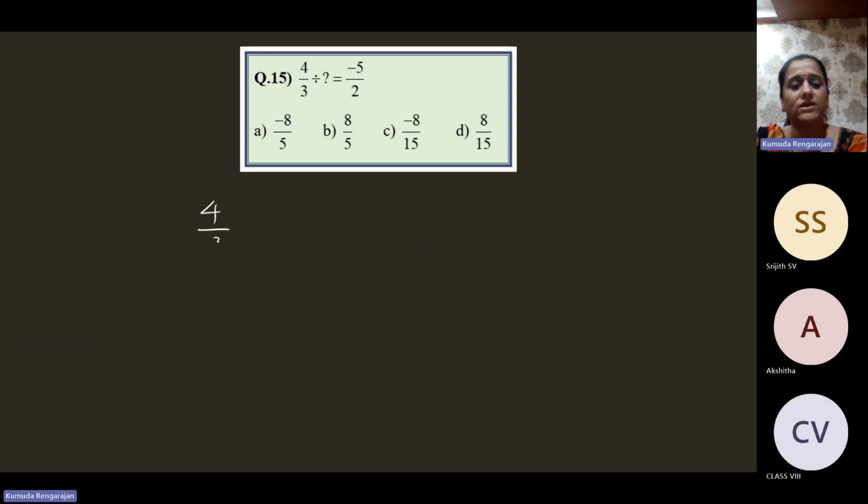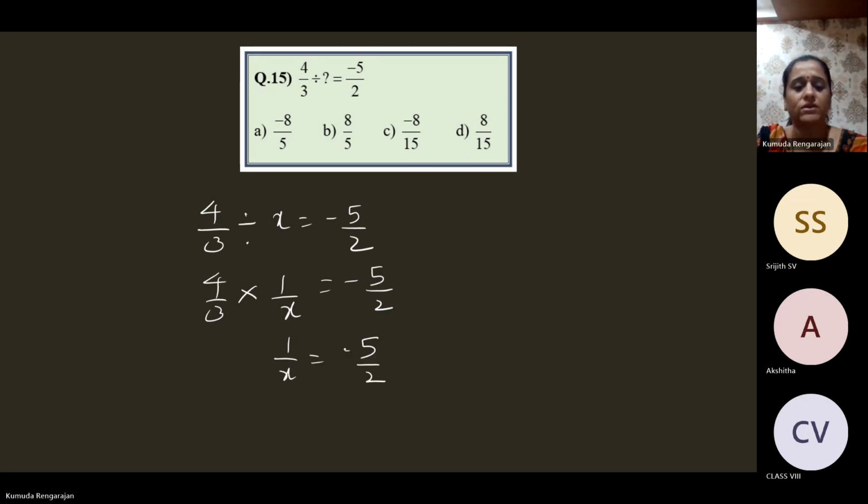4 by 3, we just did some time back. Divided by x is equal to minus 5 by 2. 4 by 3, division becomes multiplication. Reciprocal of x is 1 by x is equal to minus 5 by 2. 4 by 3 to the other side divided by 4 by 3.